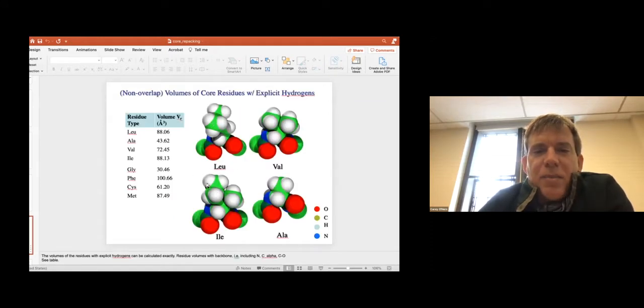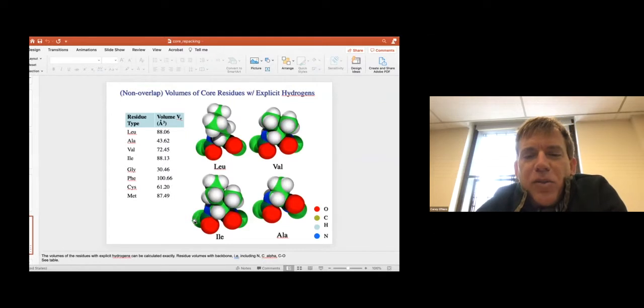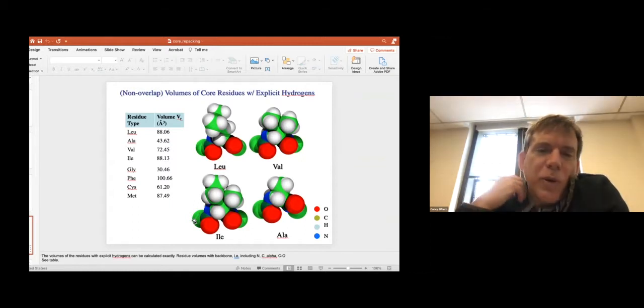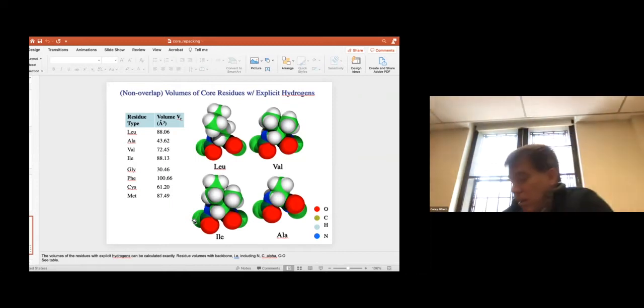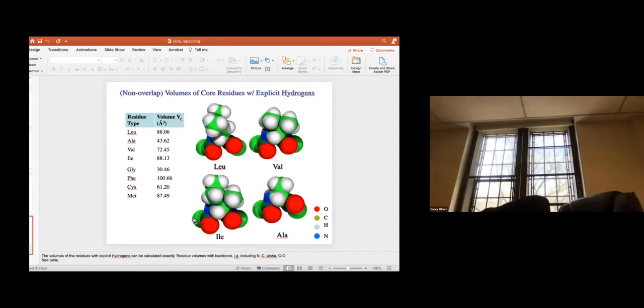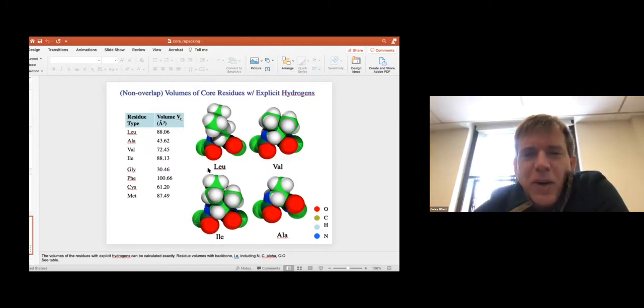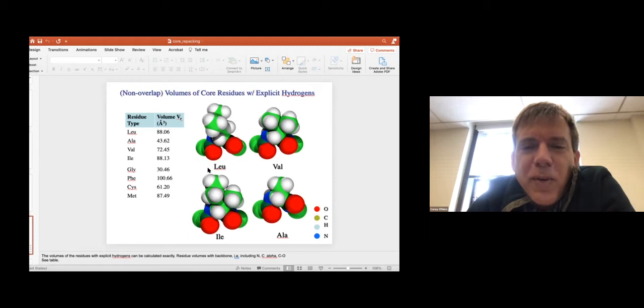So just a comment about the volume of the residues. Here I show you a few examples of the residues with their correct radii. What we want is basically the non-overlapping volume.